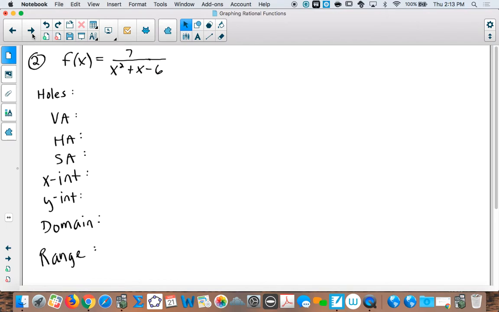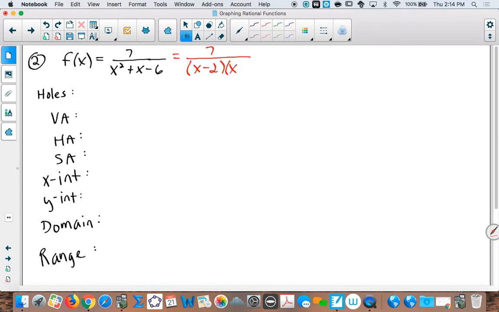All right, let's take a look at this one. What should we do first? Barbara? Yeah, let's factor that denominator. How does that denominator factor? Alex? x minus 2, x plus 3. Yep. Okay.